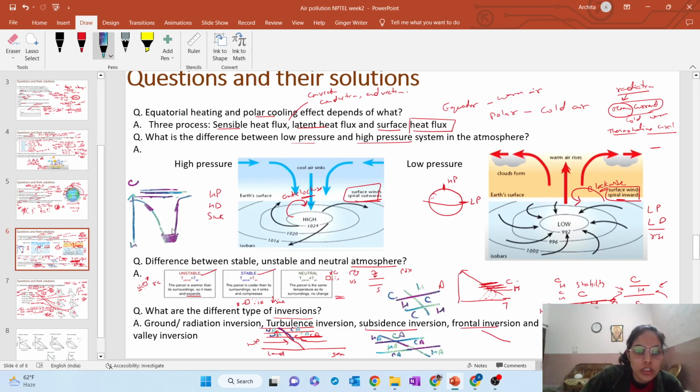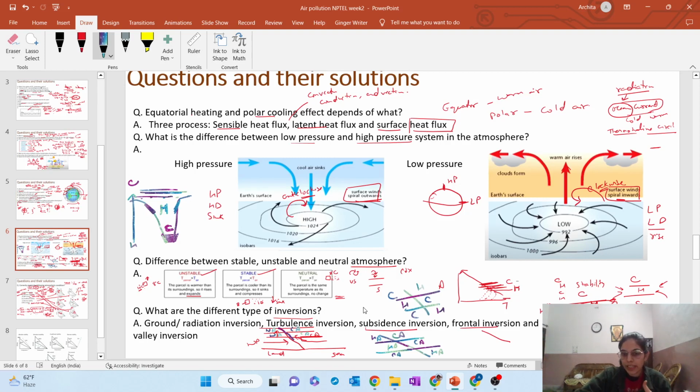So this region also becomes cold very fast, and the region at the top of the valley receives sunlight, so it becomes hotter compared to the downward region. So this is valley inversion: the topmost layer of the valley, near the top of the mountain, is colder.